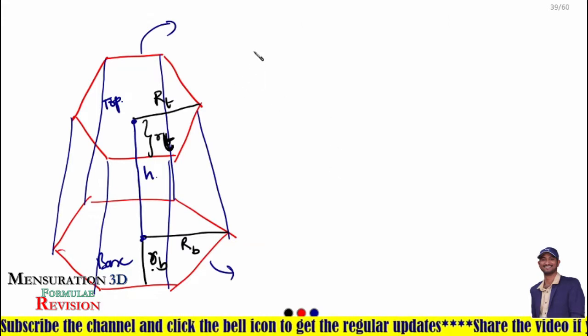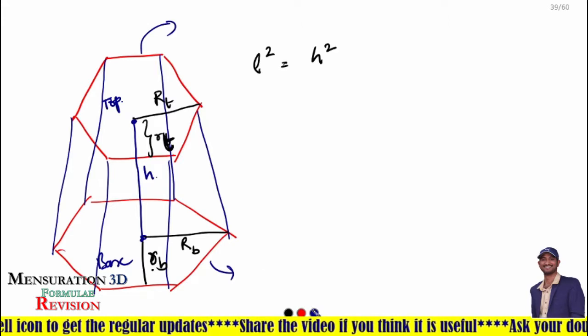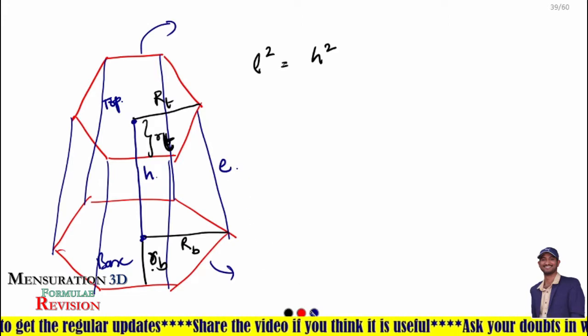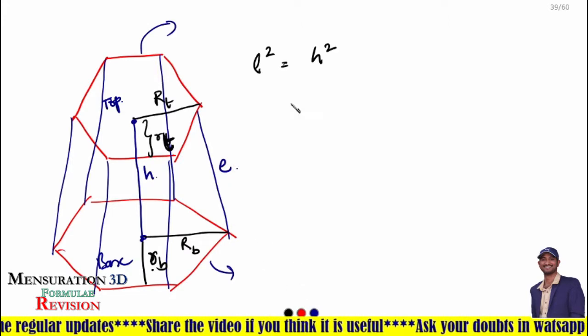As per the formulas, L square equal to H square, that is a slant height. Sorry, this is not slant height. This is slant edge. Blue line is called slant edge, and I will draw the green line.